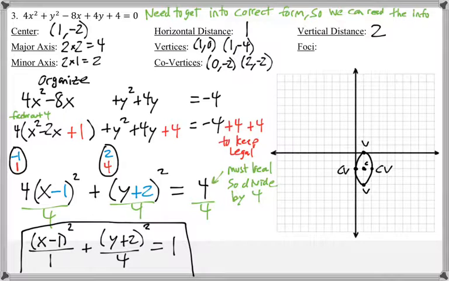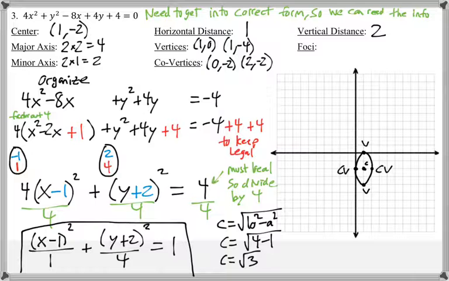Lastly, I need to find my foci. So I'm going to use c is equal to the square root of b squared minus a squared. So c is going to be equal to the square root of 4 minus 1, or just the square root of 3. So my foci are going to be 1 comma negative 2 plus square root of 3, and 1 comma negative 2 minus square root of 3.